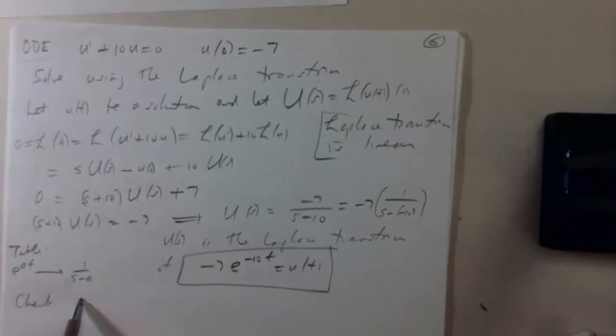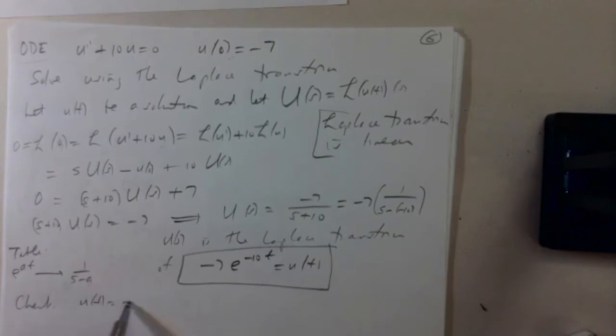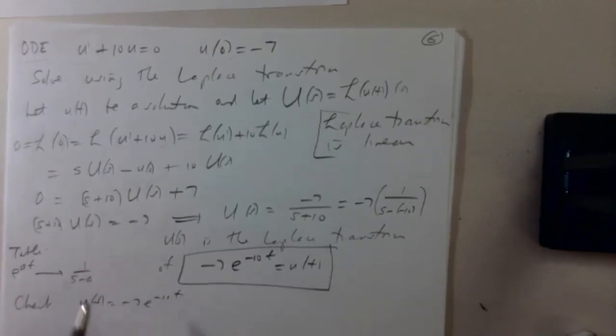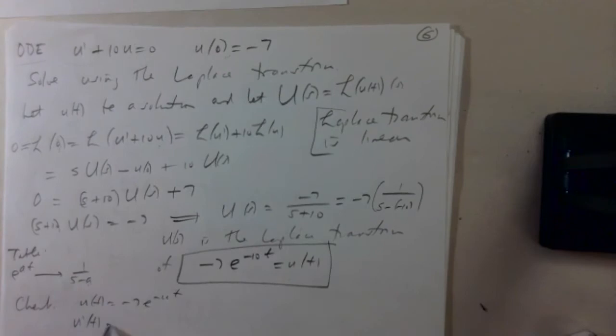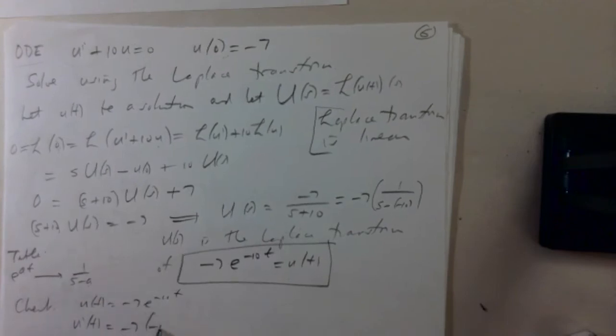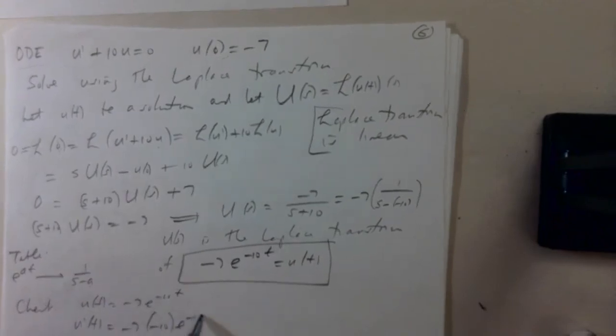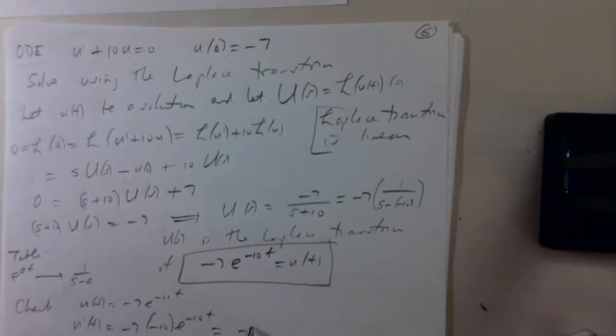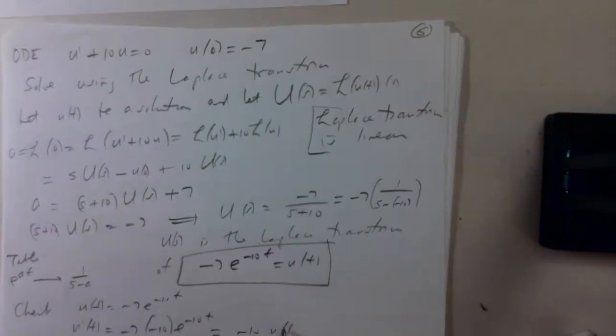Let's check. If u of t is minus 7 e to the minus 10t, u prime of t is minus 7 times minus 10 e to the minus 10t, which is minus 10 times u of t.